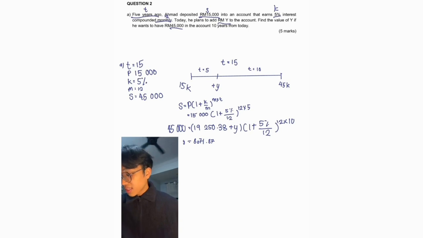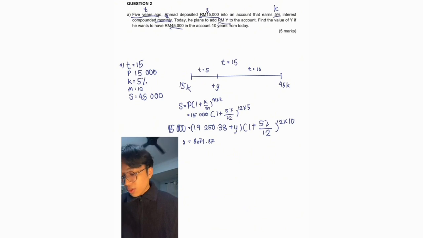First thing first, we find the T. The T is 15 and we find the P, which is 15,000, the K is 5%, M is 12 and S is 45,000. We insert the formula and the numbers and we get 19,250.38.